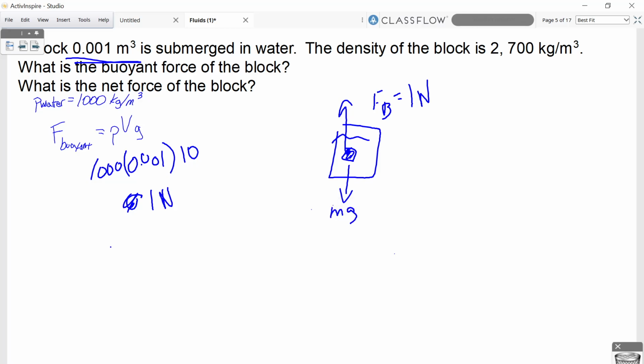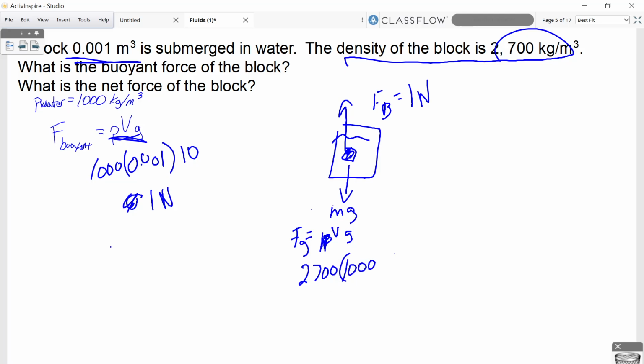And so the mass of the object, now notice if they don't give you a mass on this, we can use the force of gravity, which is this part right here, PVG. Same thing as the buoyant force over here on the left, because they are giving us the density. So I'm going to plug that in here for rho, which is P. And the volume is going to be the volume of water and gravity.